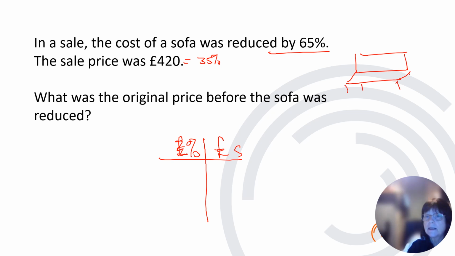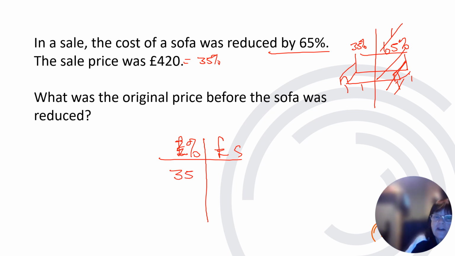Okay, and should we put some arms on it as well? There you go. Okay, so arms on our sofa. We are not paying for 65%. It is reduced by 65%. We are not paying for 65%. So we are only paying for the right hand side of the sofa, which is 35%. Okay, one cushion. And 35% was £420.